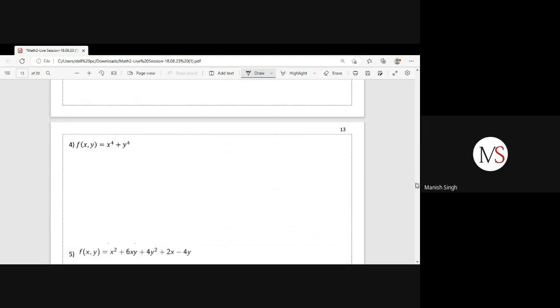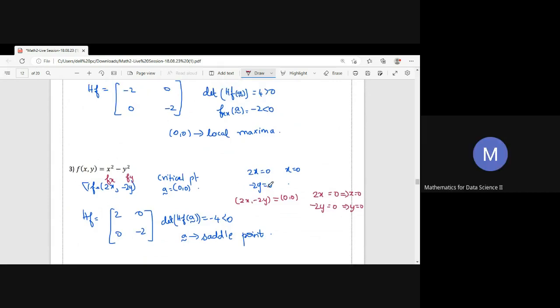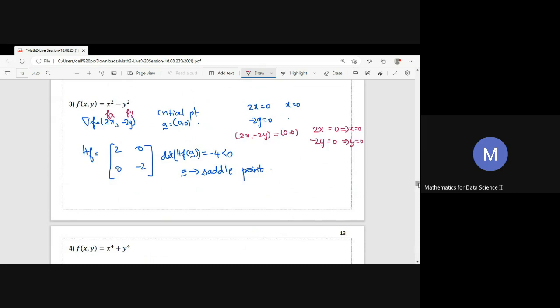In which case can the critical point not be (0, 0)? Here (0, 0) is a critical point only. There is no specific rule for what the critical points are; it depends completely on the function. For example, suppose you have plus 2xy here, then the critical points are going to change accordingly.